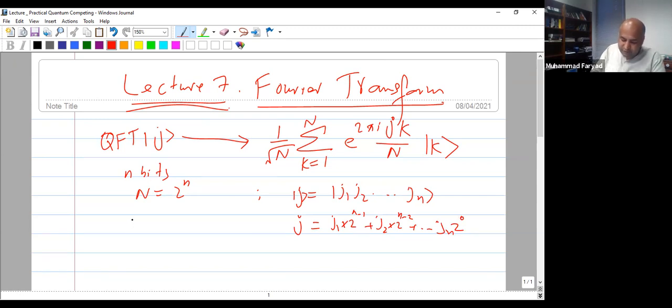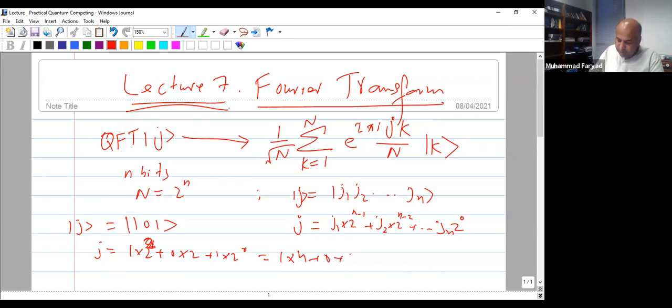For example, if we have the number 101 as the state j, the decimal representation of this state j is 1 into 2 power 2, plus, because it's n minus 1, 0 into 2 plus 1 into 2 power 0, which is 1 into 4 plus 0 plus 1, equal to 5. So this 101 in binary goes to 5 in decimal.